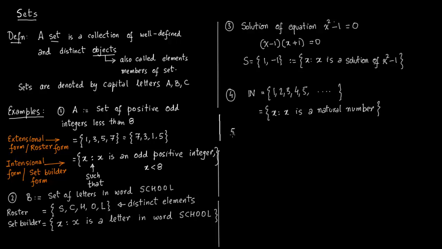So I have written two forms. The first form was roster form and the second form is set builder form. Now let us take squares of natural numbers. 1 square is 1, 2 square is 4, 3 square is 9, 4 square is 16, 5 square is 25, and then 6 square is 36, and so on. You can now write x such that x is equal to n square, that is the square of a natural number.